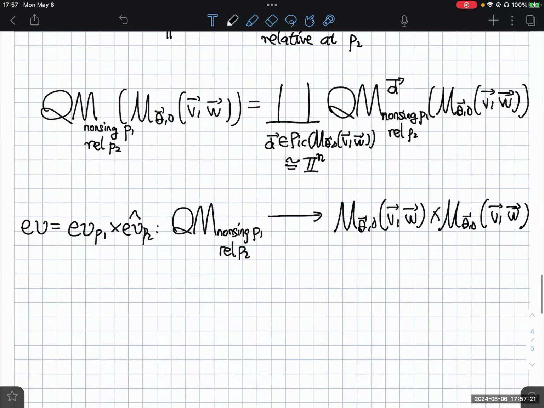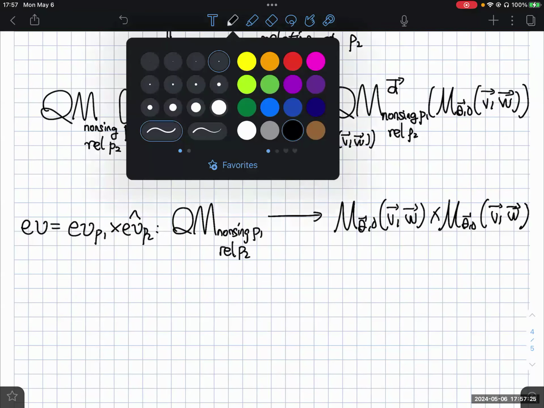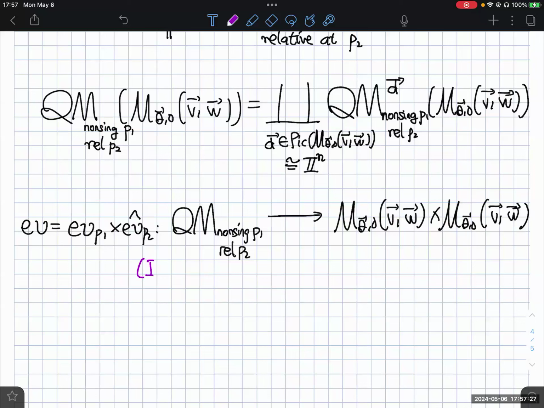Note that this map is actually not proper, but the good thing is that it becomes proper on the fixed point locus. Sorry, I didn't mention the fixed point of which torus action.